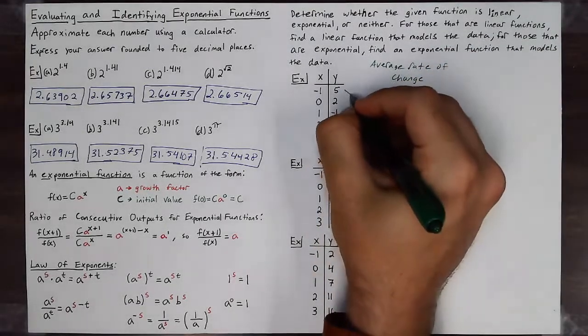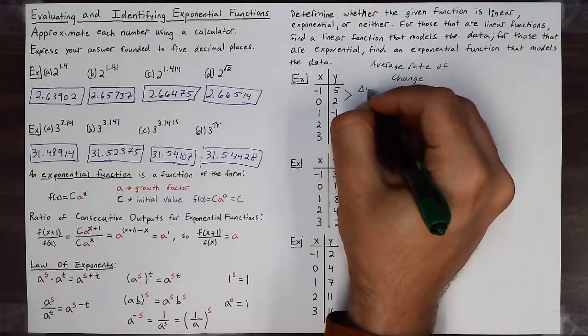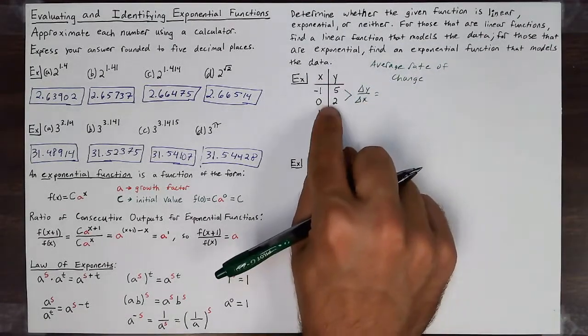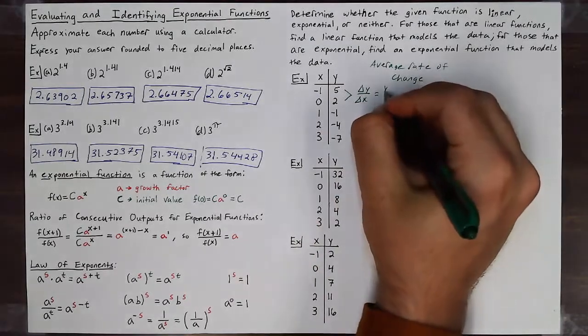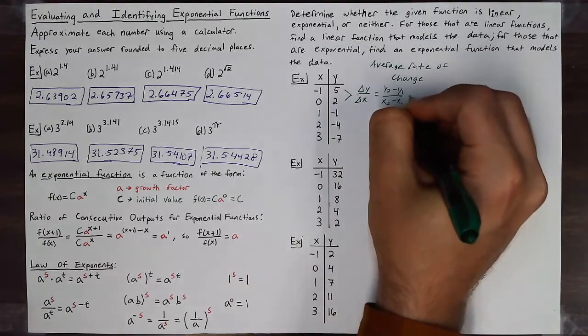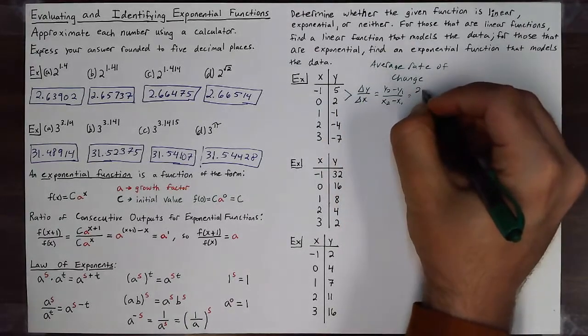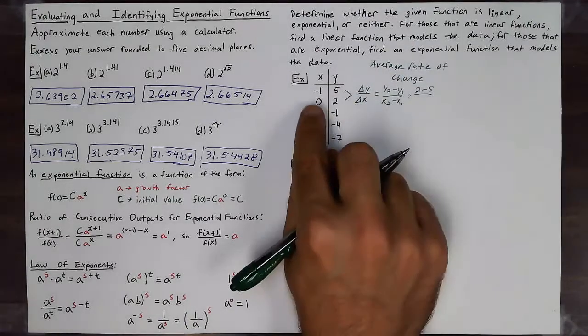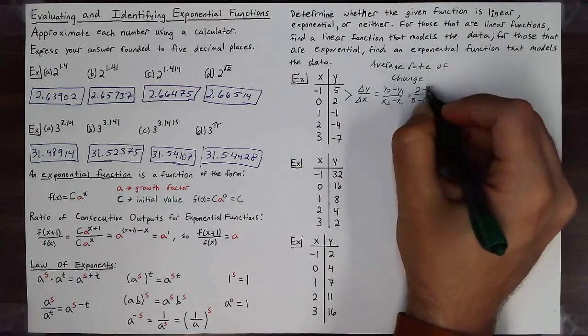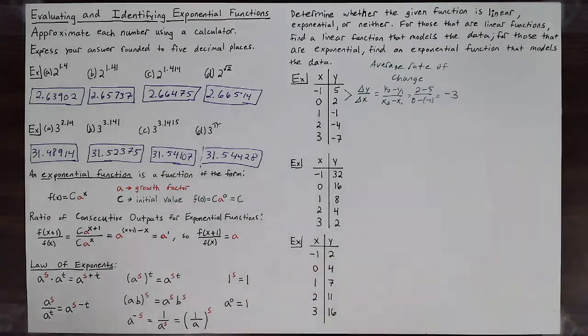Now, what is an average rate of change? That is just your slope that you would find between 2 points. So in this case, I would do y2 minus y1 over x2 minus x1, so that would be 2 minus 5 on the top, over 0 minus negative 1, which would give you negative 3 over 1, which is negative 3.